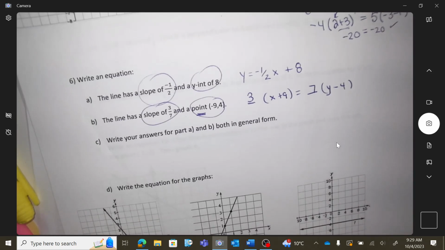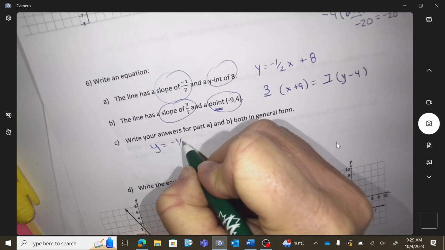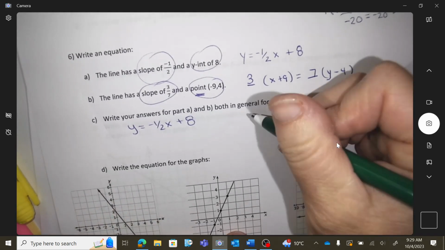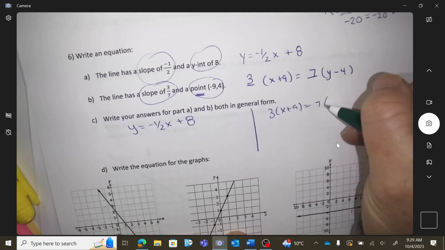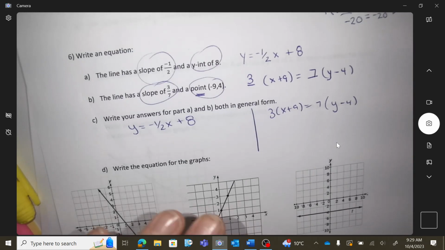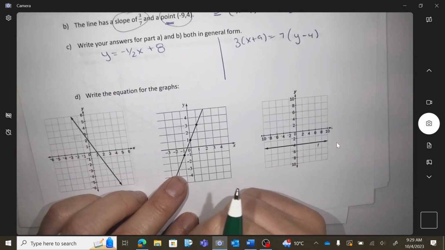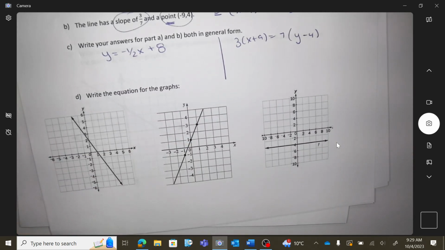Okay, write your answer in general form. And we're going to do this for both. Okay, so how do we change to general form?